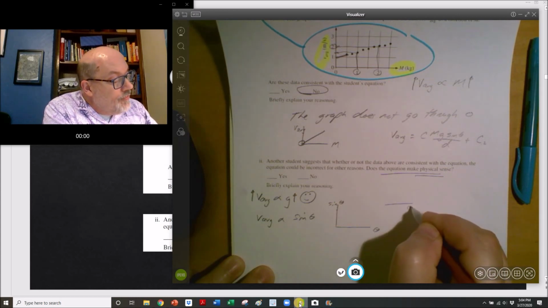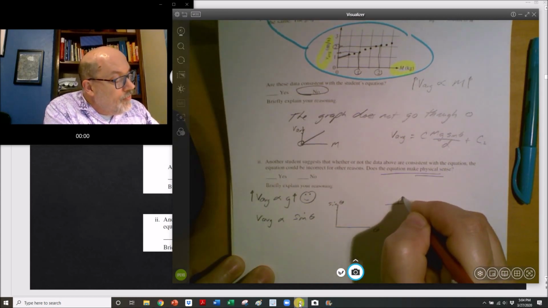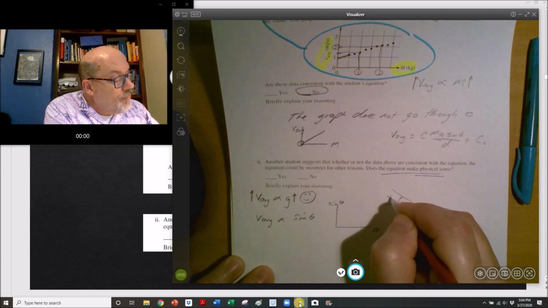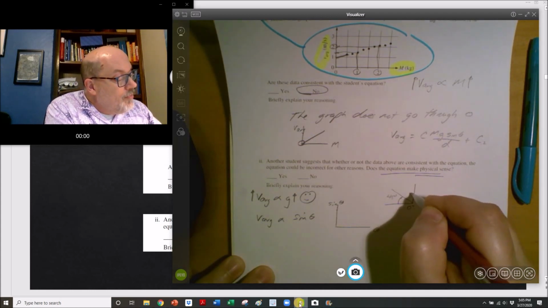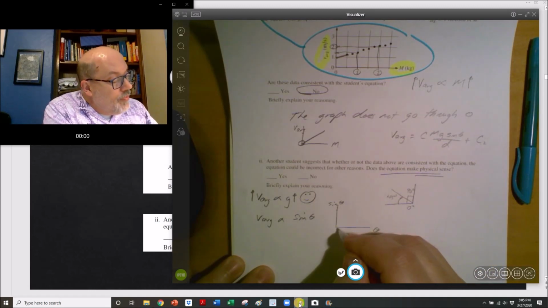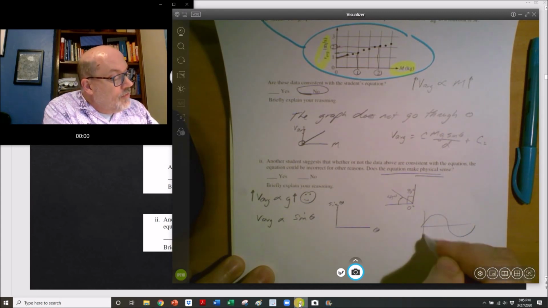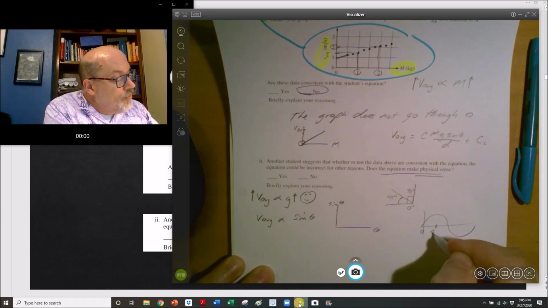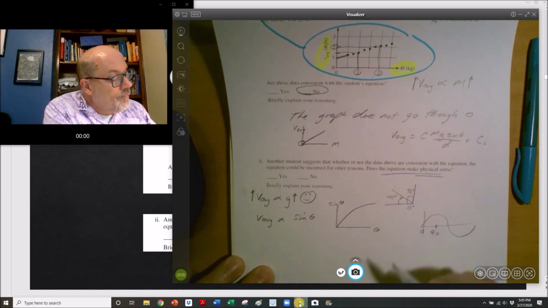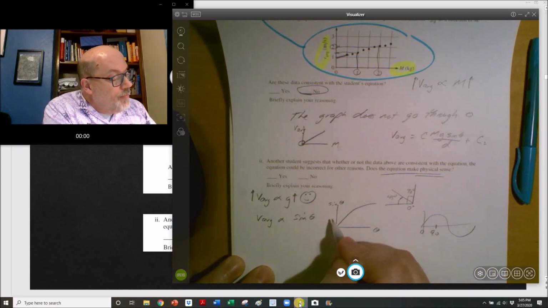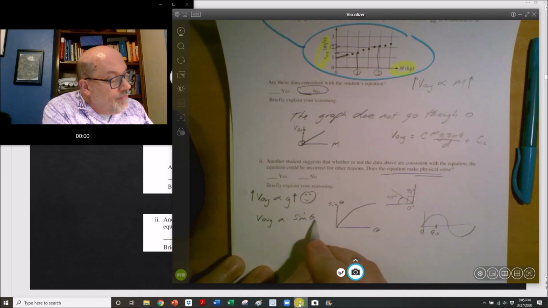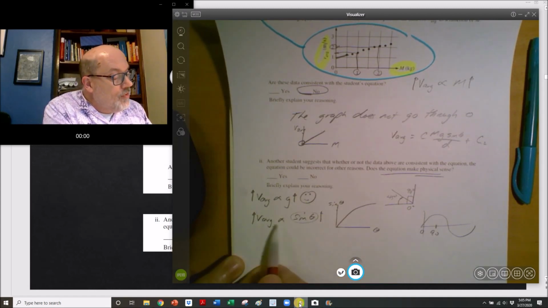But this ramp will start at a 0-degree angle, and as it goes up, it'll pass through something like 45 degrees, and then the maximum it'll get to is 90 degrees vertical. Okay, so that part of a sine wave goes from 0 to 90, it's going to go like this. So as theta goes up, sine of theta goes up. So as theta goes up, this side goes up, and the velocity in this equation should go up.